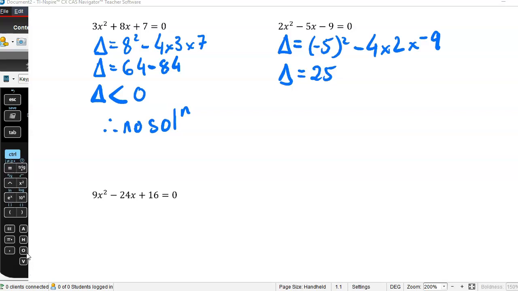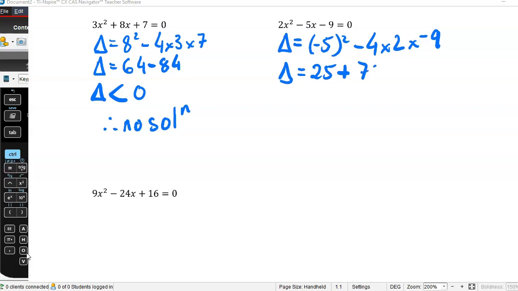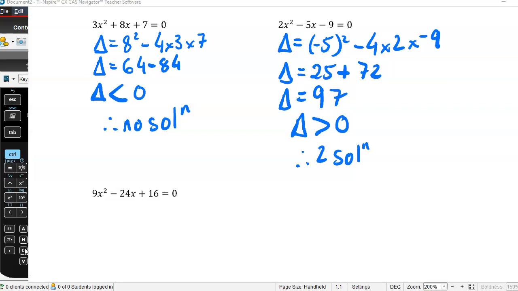Negative 8 times by 9 is positive 72. So that discriminant is 97. So the discriminant is greater than 0. So therefore two solutions. But as 97 is not a perfect square, the solutions are irrational.